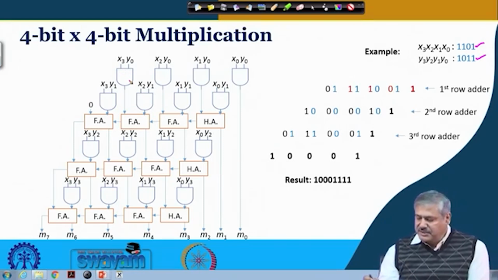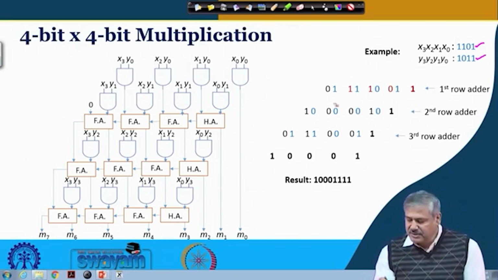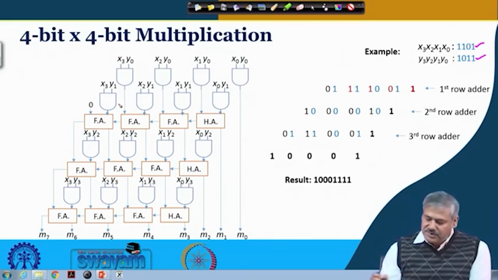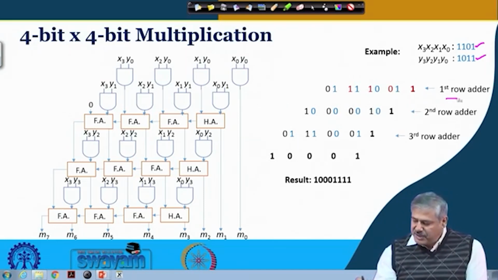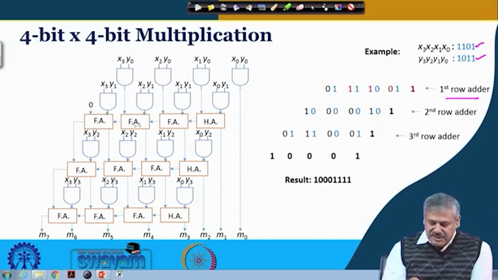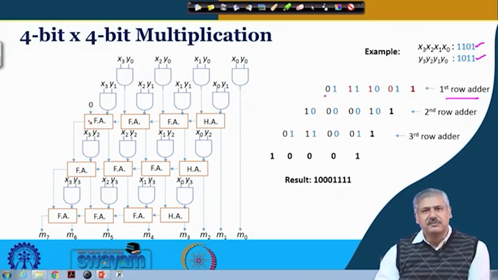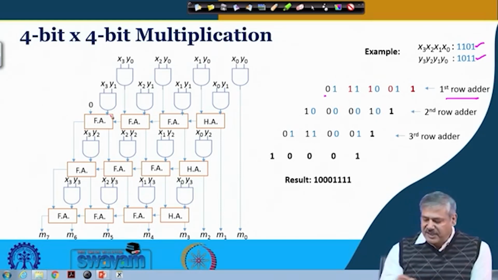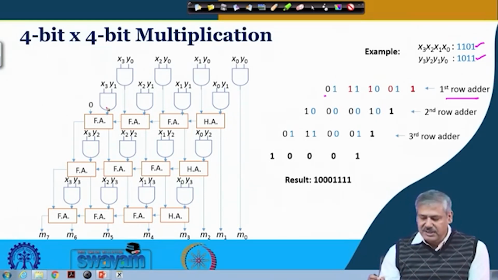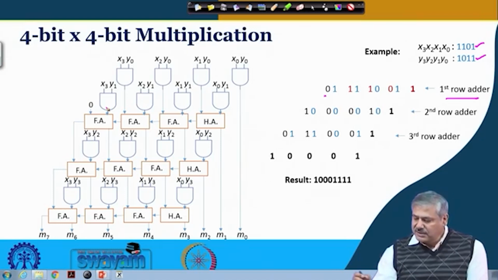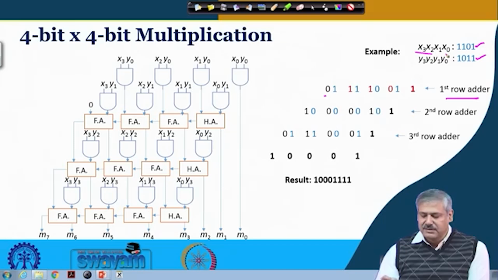So, the first row: x3 to x0. This is your 0, this is the first row adder input that we are talking about. So, this 0 is there in this particular place, and after that x3 y1. So, when we multiplied with all these things, it is 1 1 0 1, right.